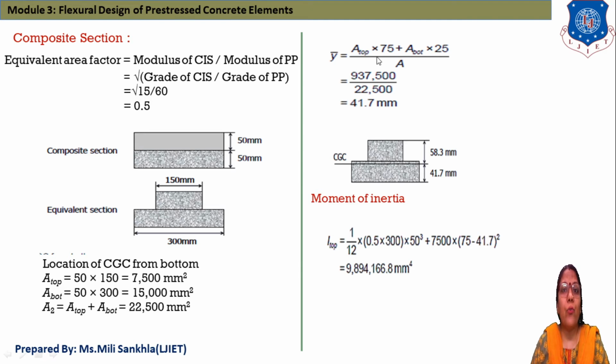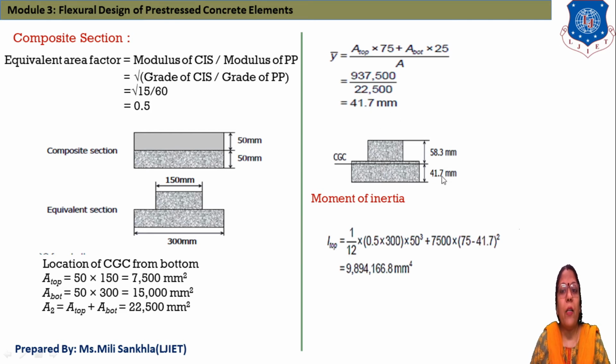Y bar is equal to A1 Y1 plus A2 Y2 divided by A. Top area is 150 into 50 and its CG is 50 plus 50 by 2, that is 75. At the bottom, 300 into 50 and from the bottom Y is equal to 50 by 2, divided by our total area, 22,500. Y bar we find is 41.7 mm.